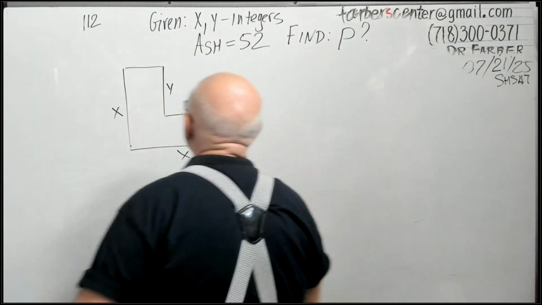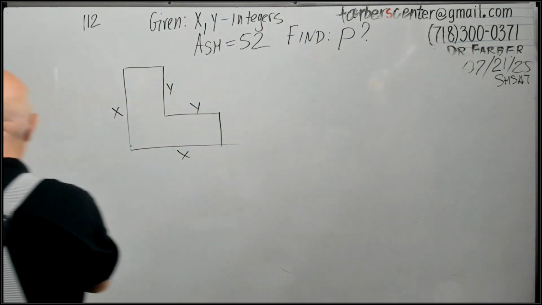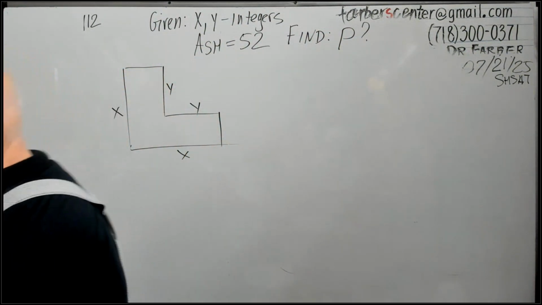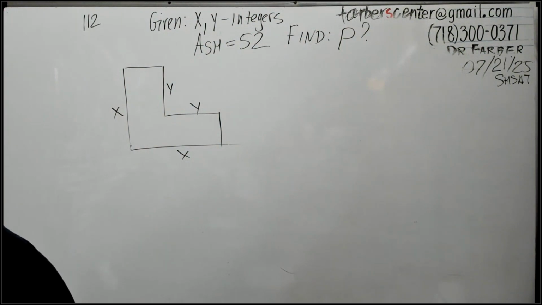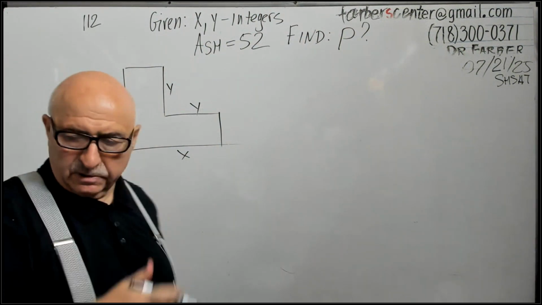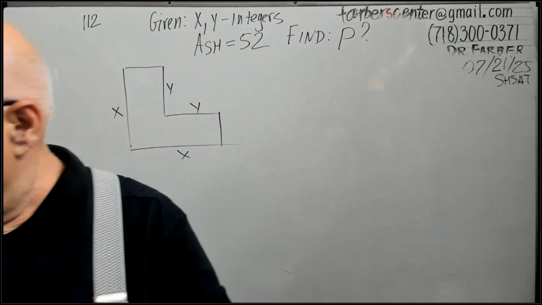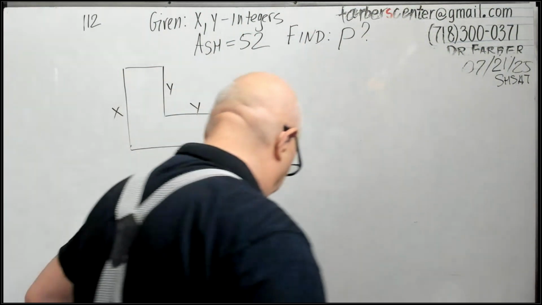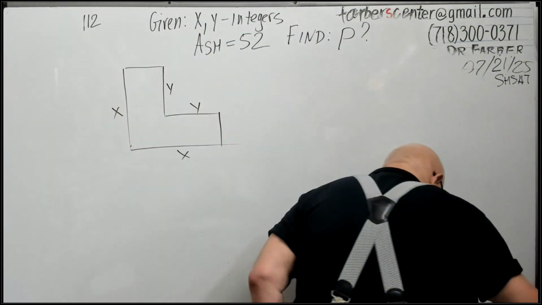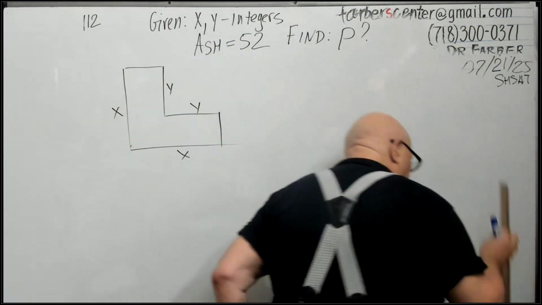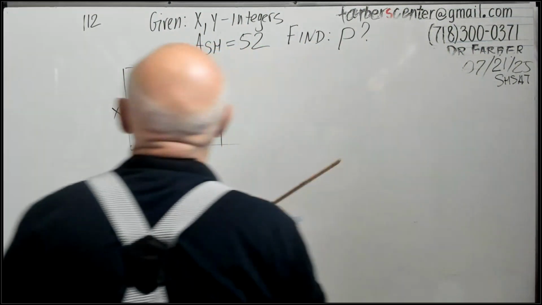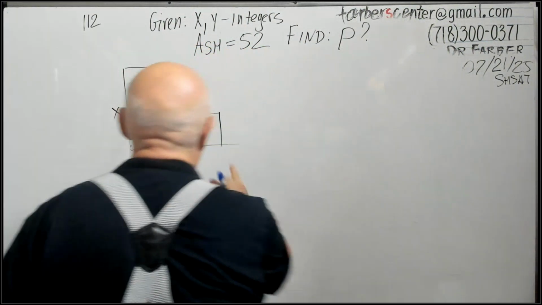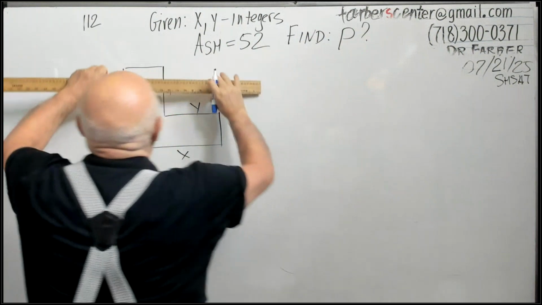Perimeter. You know, perimeter is the distance around the shape, right? Let's solve this problem together. Okay? I'll do this in detail also. I take some marker and use some lines here. There's a shaded area.